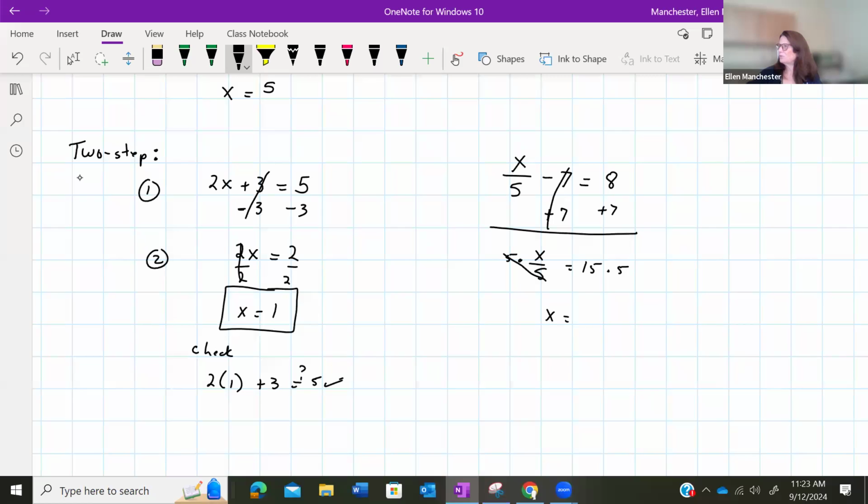So my x equals 75. Is that right? 15. Yeah. Okay, so to check it, 75 divided by 5 is 15. 15 minus, oh, sorry, minus 7 does give me 8, so I check.